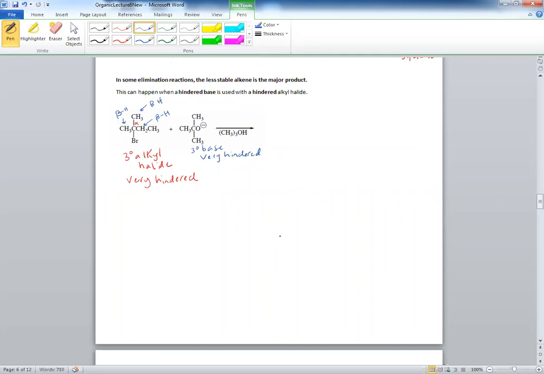So what are you supposed to do? You're supposed to remove from the most accessible H, of course, one of those beta H's. So if you run the reaction, you would get actually this.